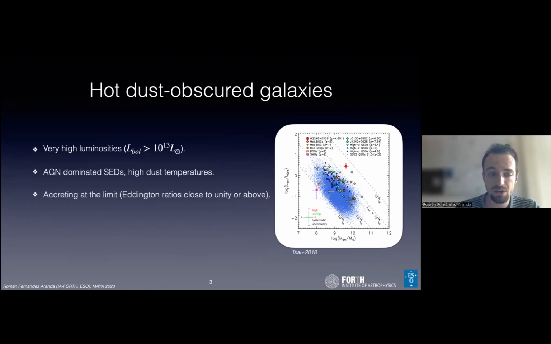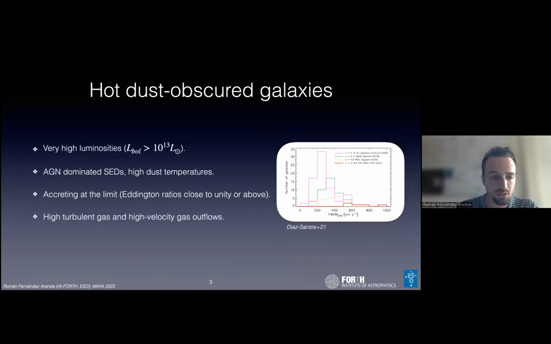They are also accreting at the limit, so we are not in an equilibrium phase. We have Eddington ratios close to or above unity, which means a very intense accretion and a very unstable phase. This is also related to the fact that we see highly turbulent gas with C+ observations of hot DOGs, and also detections of high-velocity gas outflows in the optical.